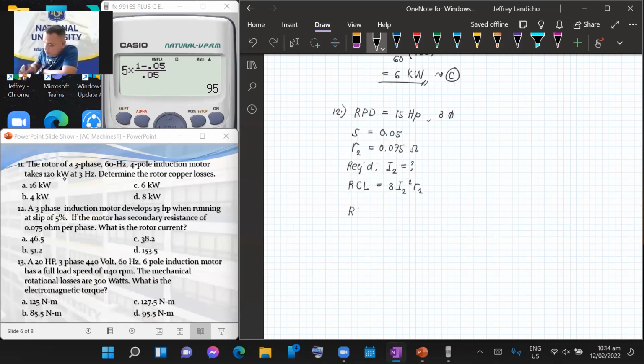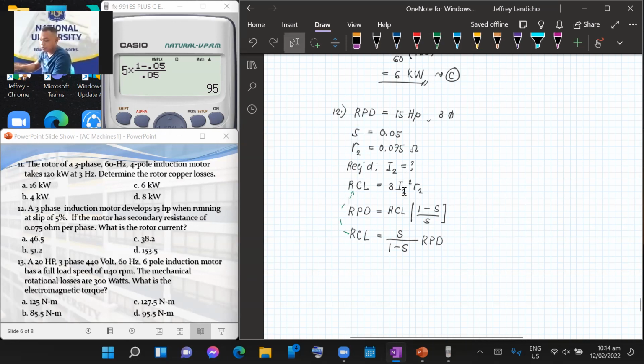Alam natin, given that RPD, it is equal to no, RCL quantity 1 minus S over S. Meron tayong RPD. So, meron tayong S. So, makukuha na natin diretso yung ating RCL. Lumalabas that RCL, it should be equal to S over 1 minus S multiplied kanina RPD. Tama ba?